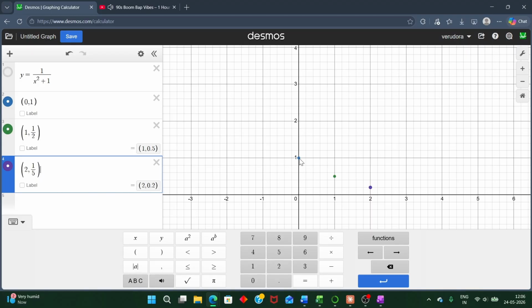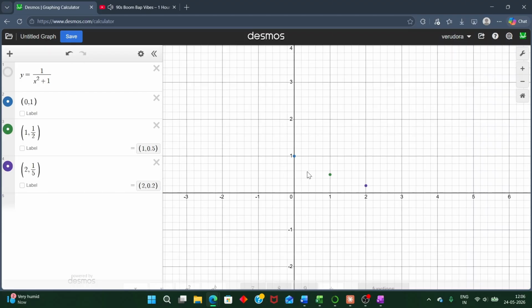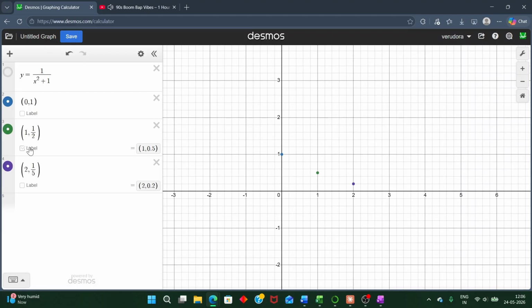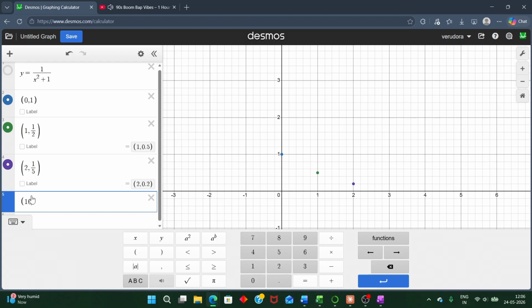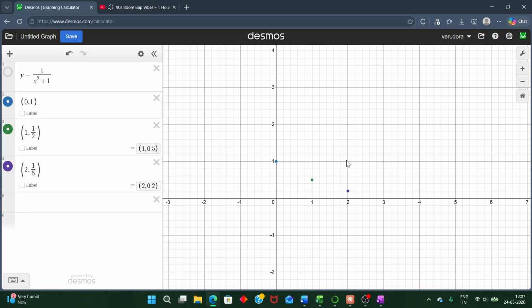I would just start off by connecting these points, and I already understand that as I increase the value of x, like if I were to take something like 10, I already get something like 1 divided by 101, which is extremely small. So I wouldn't even bother to graph it, and I can already extrapolate the graph as something like this and just tends towards 0.